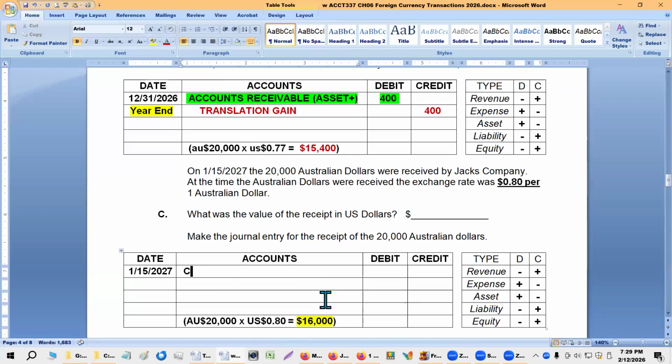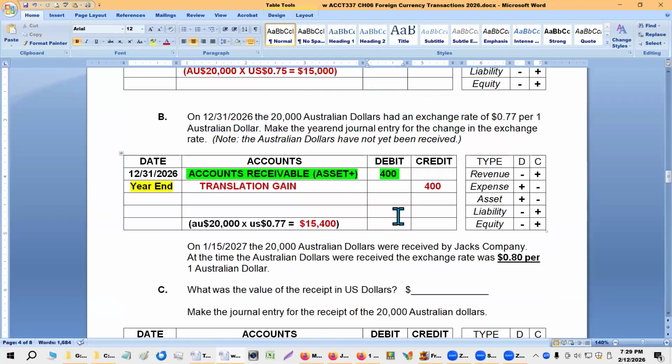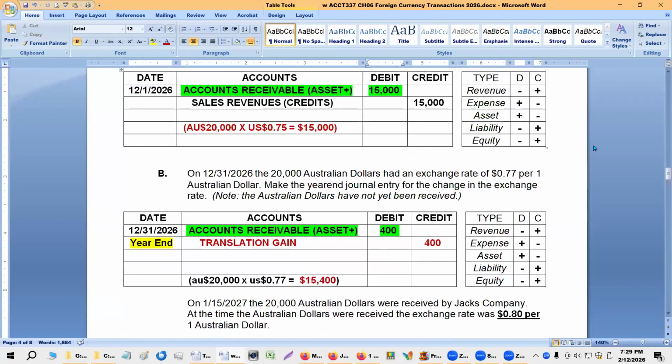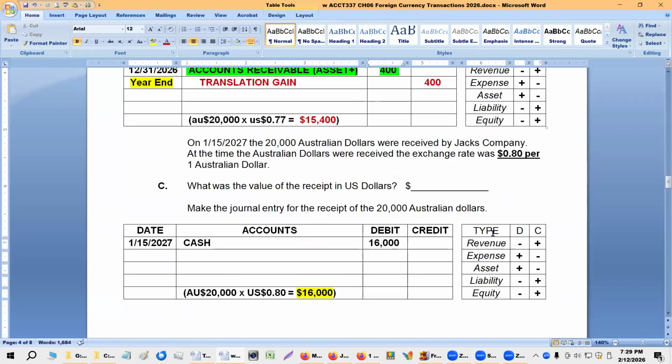So this is going to be our cash. Okay, now for the tricky part. How much of accounts receivable do we have to take off the books? 15,400. Yep.